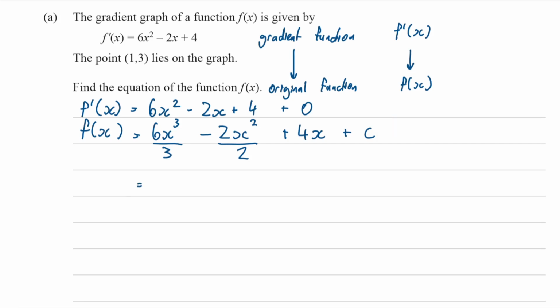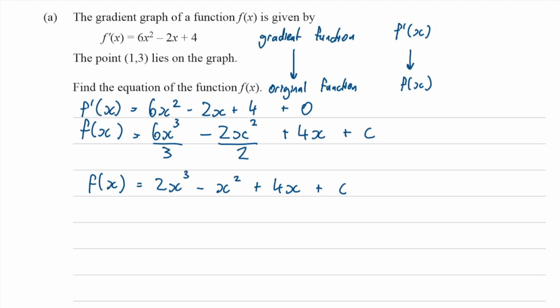Before that, let's tidy up our function. So 6 divided by 3 is 2. 2 divided by 2 is just 1. And there we have the function f of x, 2x cubed minus x squared plus 4x plus c.